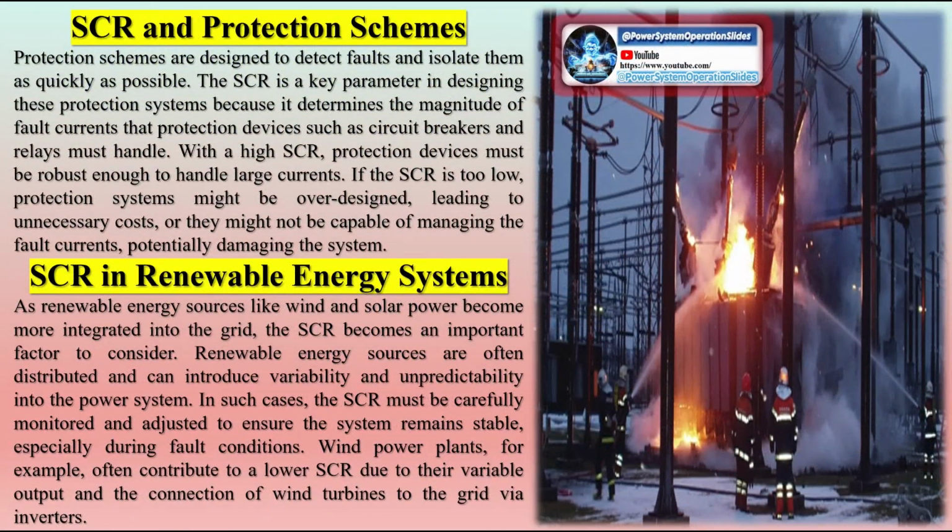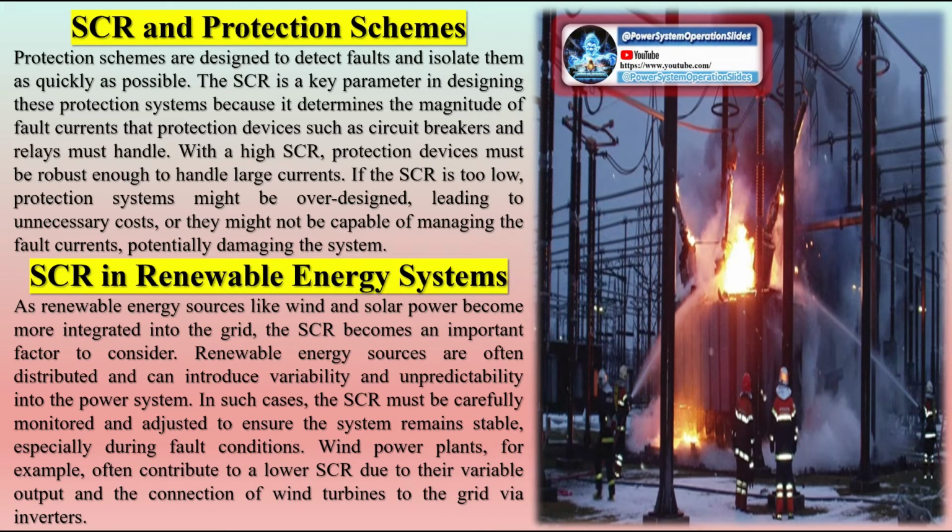However, if the SCR is low, the fault current may cause instability, such as voltage fluctuations, equipment failure, or system-wide cascading failures. For instance, during a short-circuit condition, the voltage might drop drastically, and a low SCR could cause voltage instability, leading to system blackouts.